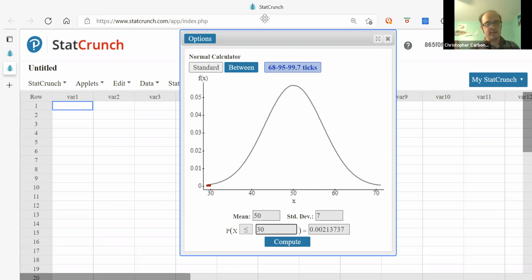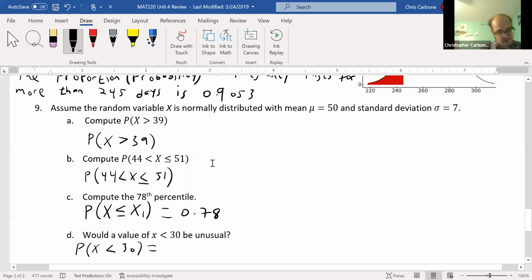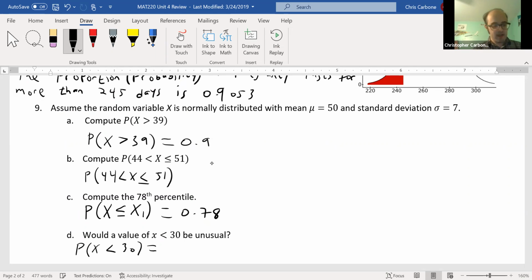So let us write all these down based on the numbers that we just received. Probability of x greater than 39, 0.94196. Probability of being between 44 and 51, 0.36112.